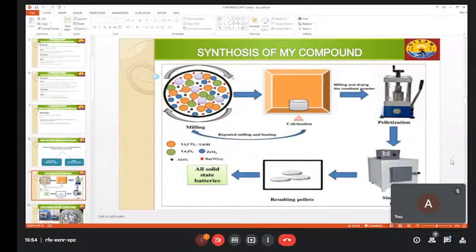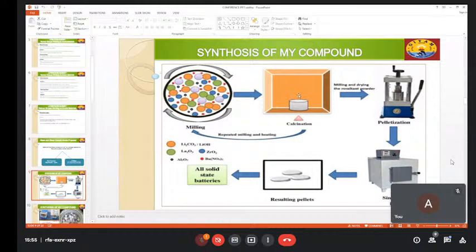The movement of the disc depends on centrifugal force. The chemicals are filled in and milled, depending on the milling time. As the milling time increases, we collect the powder and fill the crucible.